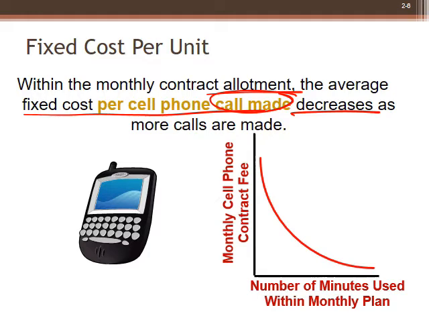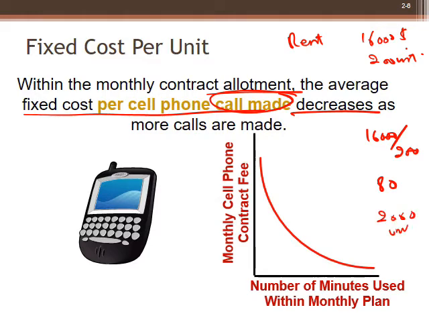So for example, let's continue our previous slide example where $16,000 was our rent. If we are making 200 units, what will be our fixed cost per unit? 16,000 divided by 200, the answer is 80. What if we are making 2,000 units?